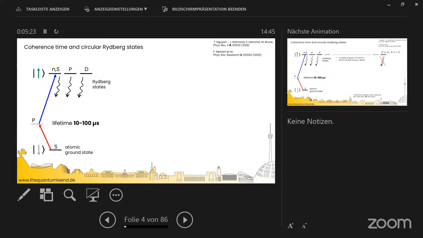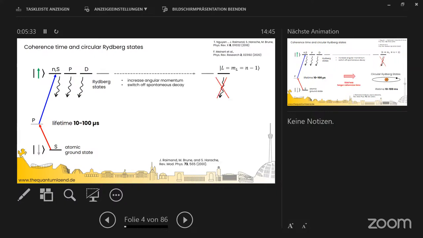One way to improve on this is to use Rydberg states that live considerably longer, and the circular states are such Rydberg states that live very long. So what are circular states? Circular states are states in a given manifold, a given principal quantum number n, where you maximize the angular momentum of the electron.